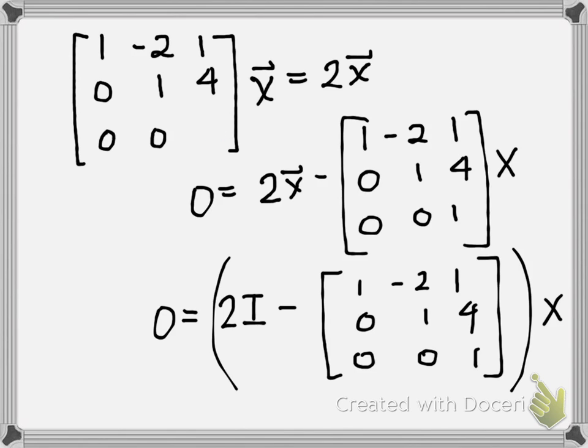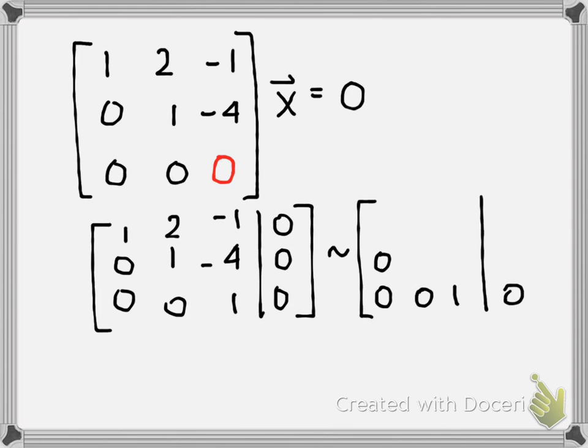Sorry, this was a 2, and that was a 2. And so then this becomes a 0. And so this becomes row equivalent to 1, and then 0, and 7, 0, 0.